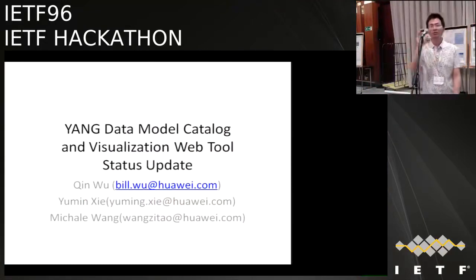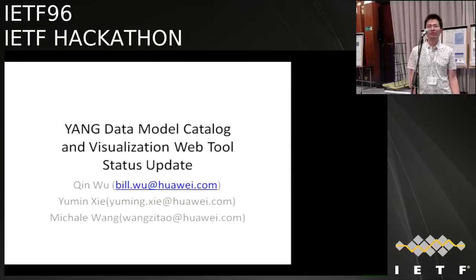Hello, my name is Qin Wu. I want to introduce the results regarding the model catalog. This is part of the Yang work. The model catalog was motivated by the OpenConfig model draft, and the reason we do this work is that today we have a large number of Yang models being proposed, not only in the IETF but also in other SDOs.